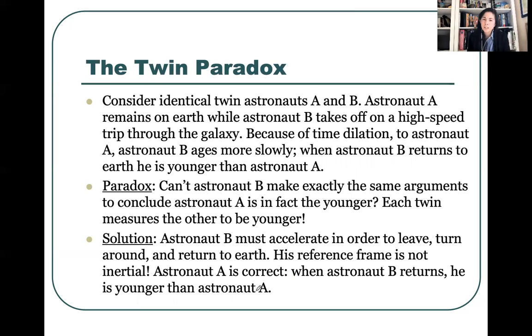So each twin would measure the other one to be younger. That's the paradox. So how is that even possible?